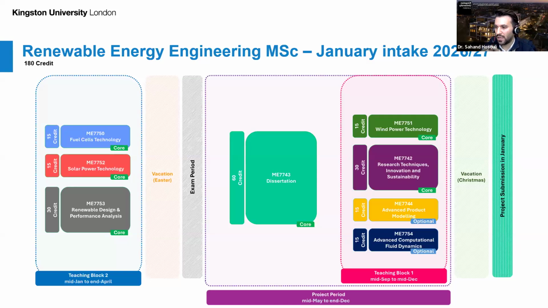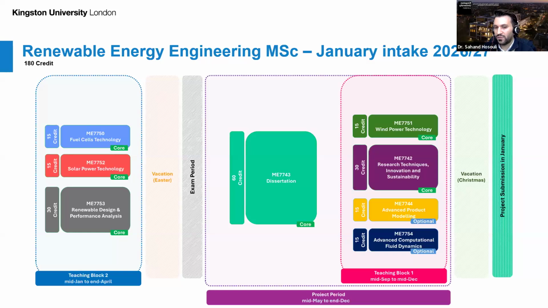Teaching block 1 starts from mid-September, and it includes, again, another 60 credits. There is a module which is going to look at wind power technologies, design of the wind turbines, different aspects of the wind turbines, the environmental aspect of it, and it is also going to be accomplished by a lab-based activity. We're going to have another module looking at research techniques, how you can do meaningful research, innovation, and if you want to have your own business, having your entrepreneurship aspect stronger, and also looking at sustainability in the wider aspect.